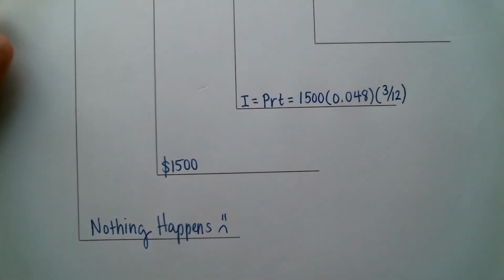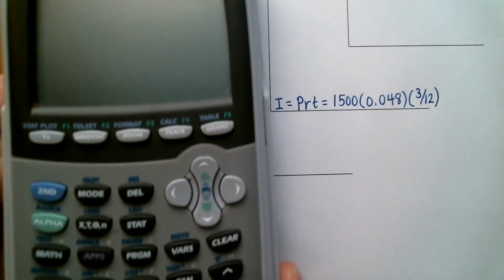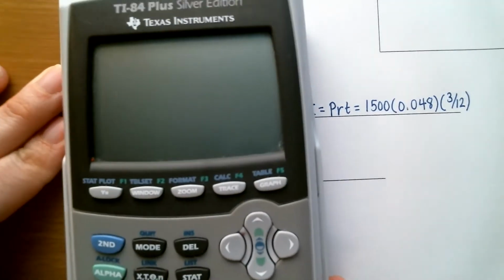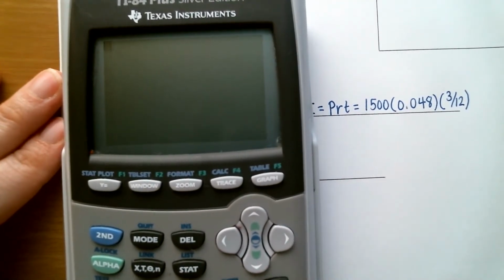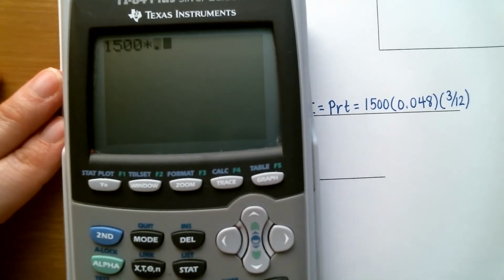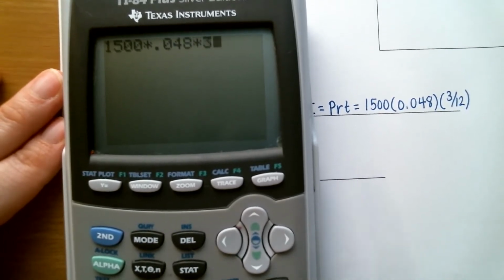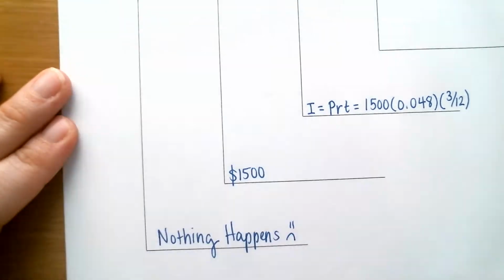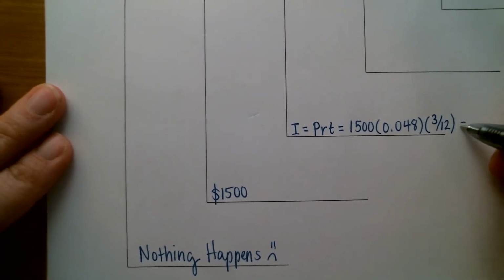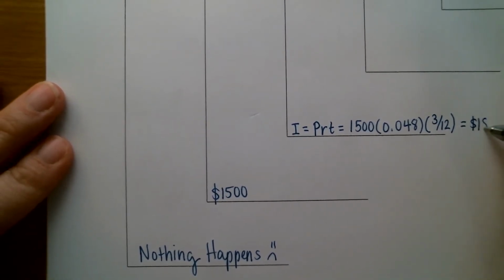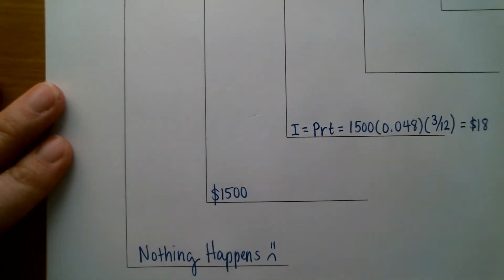So if you take your calculator and compute the amount of interest, I think it's actually the same thing that we experienced with compound interest the first time around. So it's 1,500 times 0.048 times 3 out of 12. You should get $18. So that's how much interest is earned from this first $1,500 deposit.